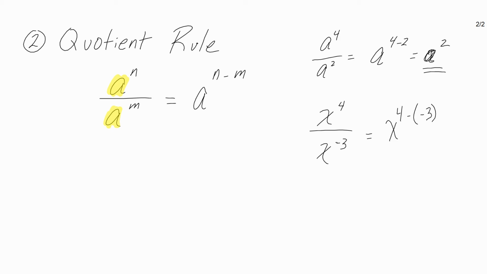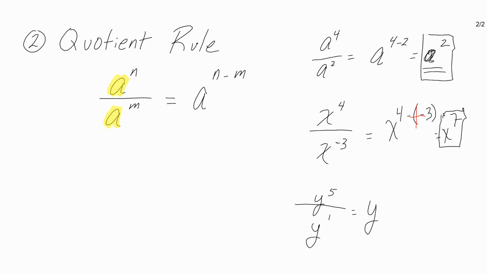And what I tell you to do when you see those two signs together, that would be x to the what? 7. y to the 5th divided by y to the 1st, y to the 5 minus 1, y to the 4.